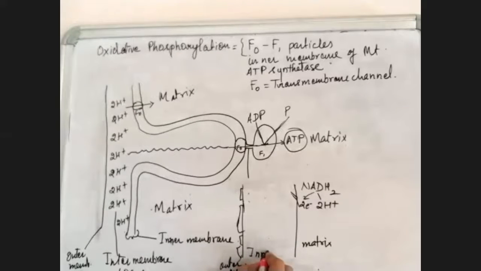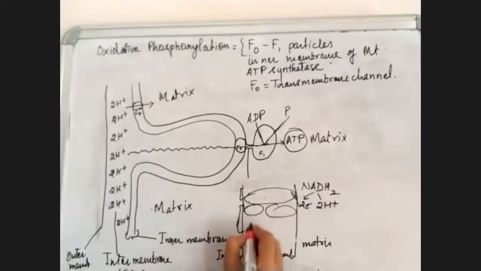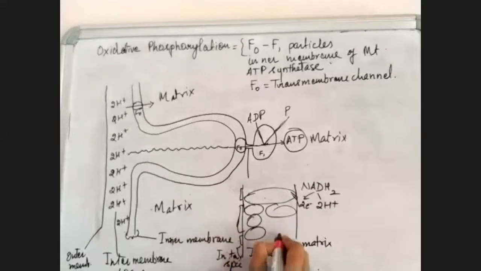The outer membrane has nothing to do with this. So we have complexes in the inner membrane, and I made them like this, if you remember that day. So many complexes I made. You remember these complexes I made? Yes, Sanvi remembers, beta? Yes.